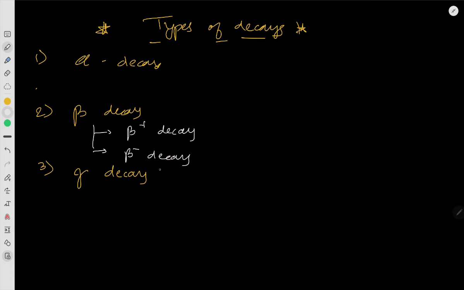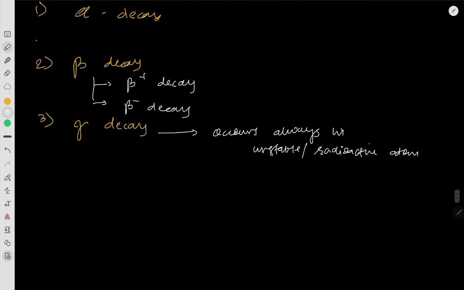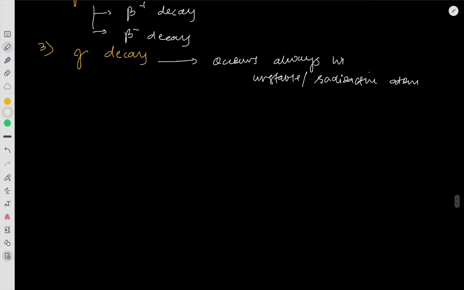And gamma decay occurs always in an unstable atom. And now let us get deeper into what all of this means.